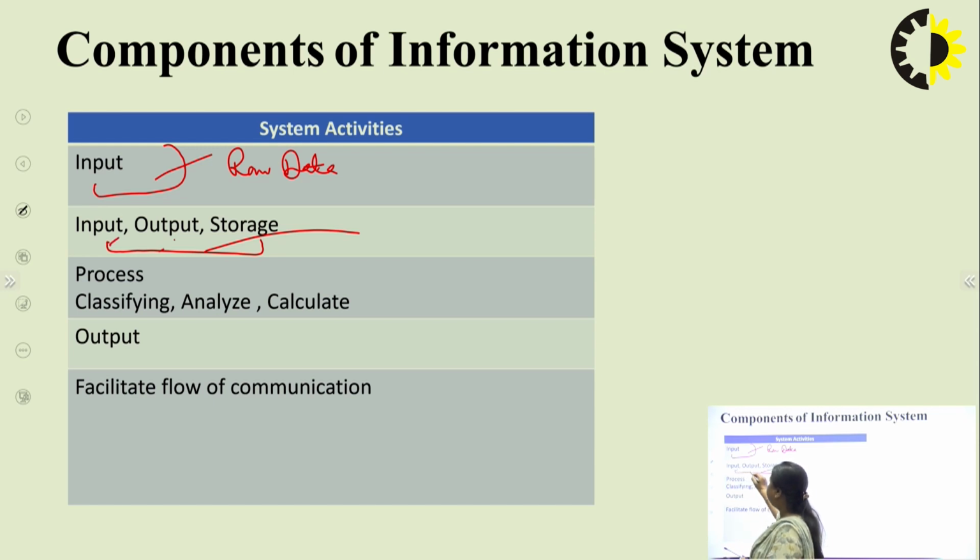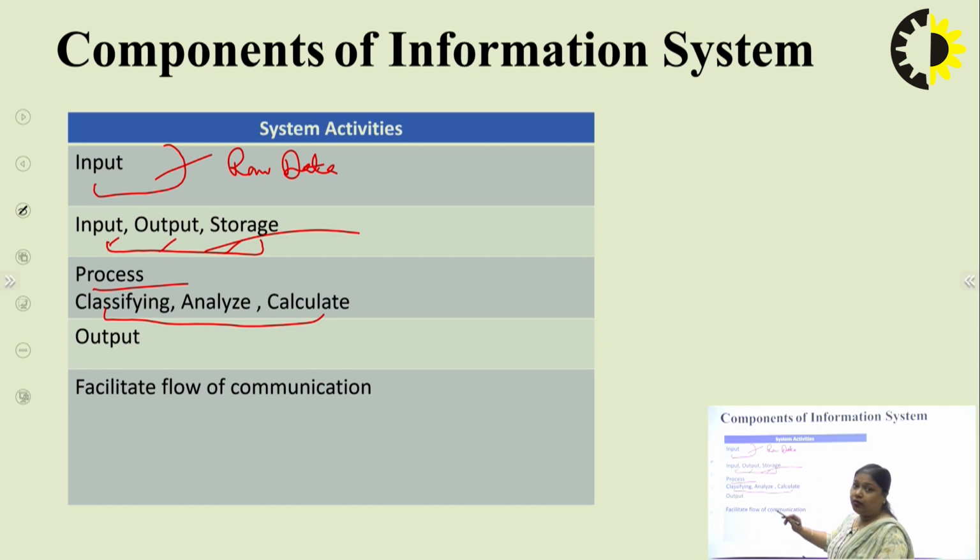After processing we get an output, and the data which is not currently used but stored for future perspective goes in storage. Third one is process. This is also an activity performed by the system, that is classifying, analyzing or calculating on the raw data. Then we get the output, and this has been done through the flow of communication.